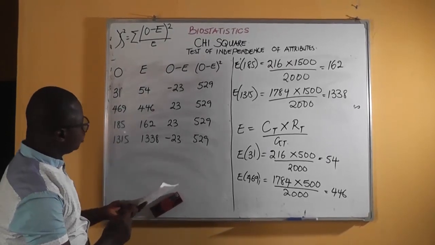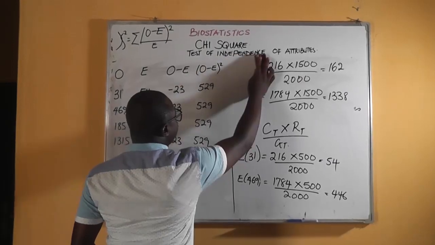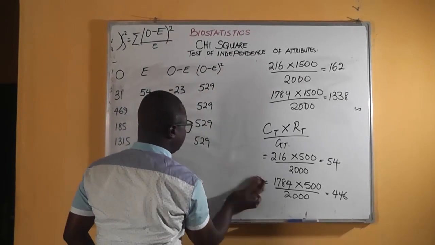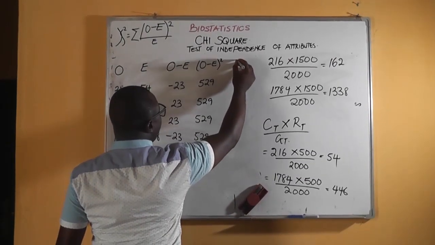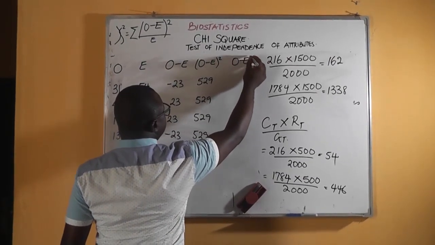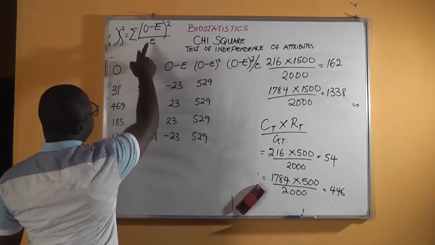Alright, so I'm going to squeeze out my last column on this other side. The last column will be O minus E squared over E, which is actually our formula.